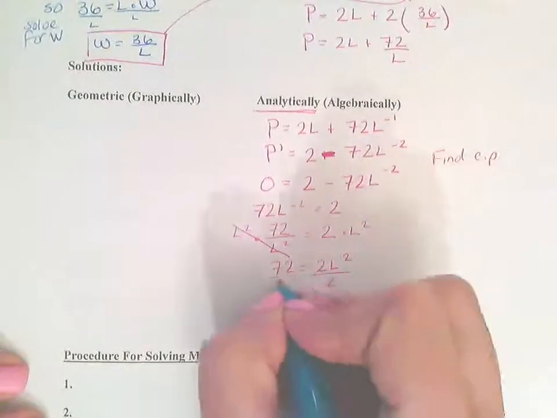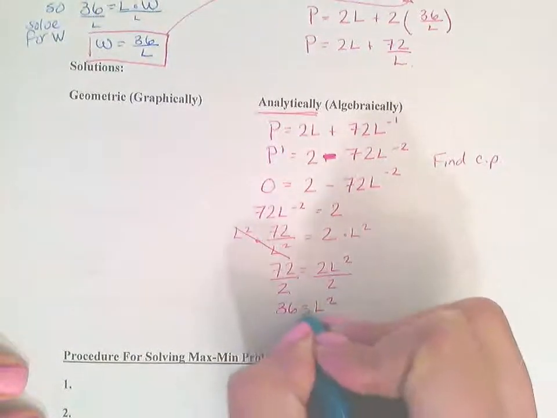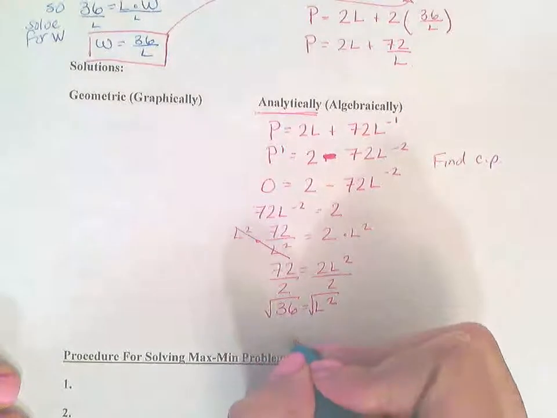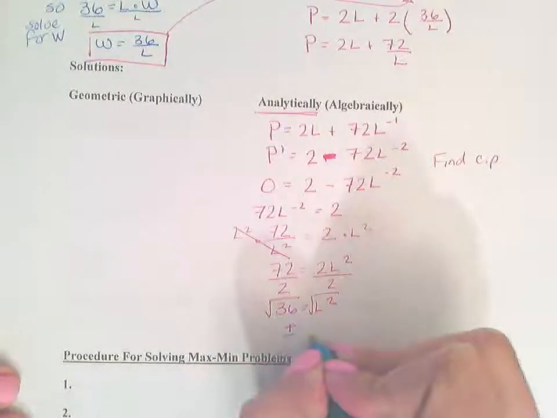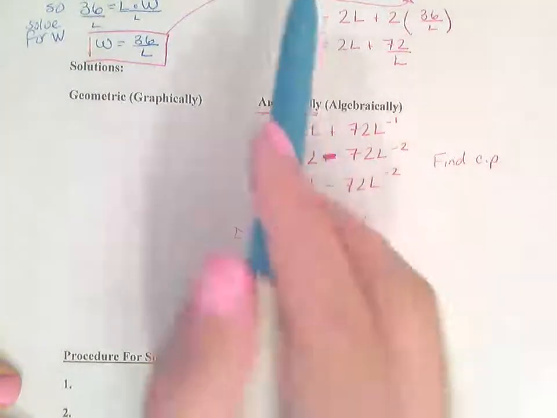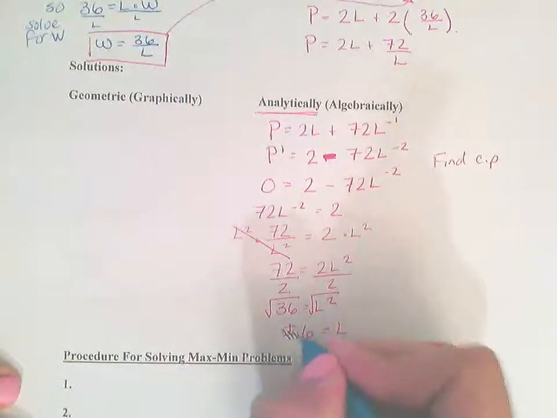Divide by 2, so 36 equals L squared. Take the square root of both sides, so L is going to be plus or minus 6. But we're not going to worry about the negative because this is about a perimeter. So are we ever going to have a negative length?